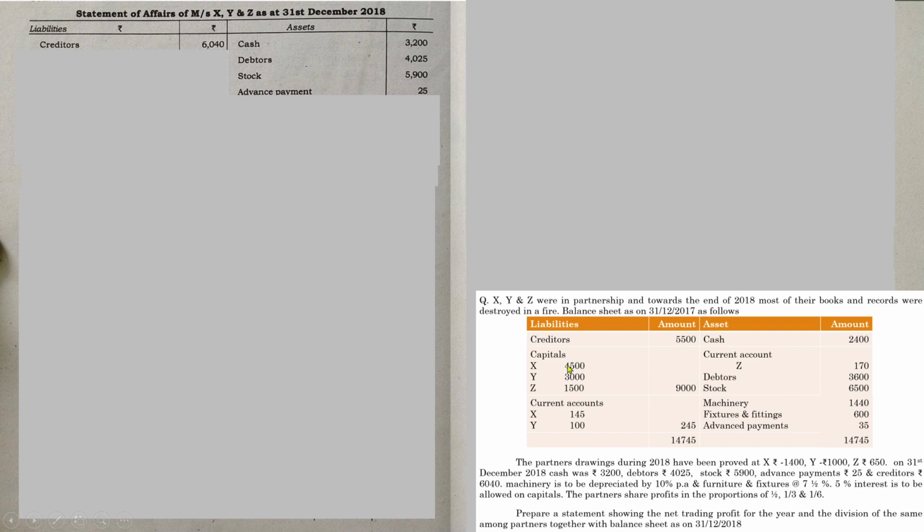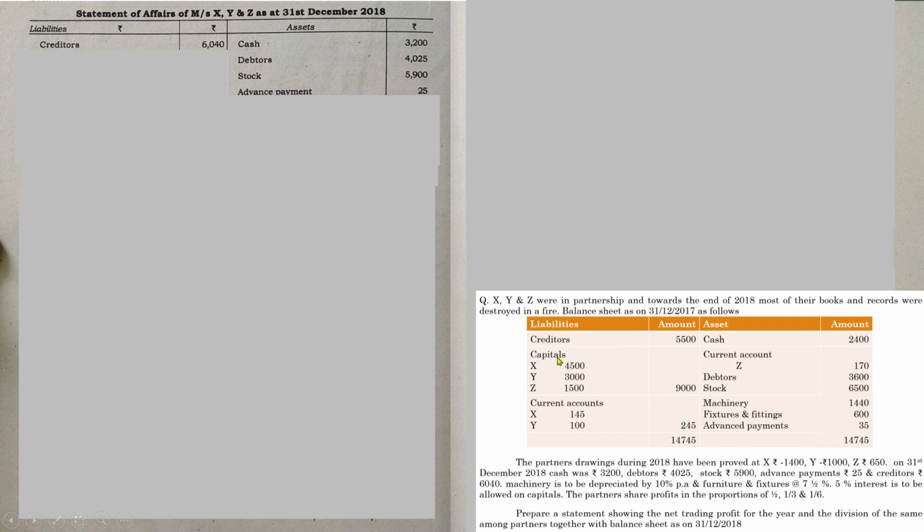Their current account balance is also there. You need to make sure, even after adjusting these amounts and these current account amounts, whether any differences are there. Actually, these current accounts do not have to be taken. You need to adjust only the capital account.